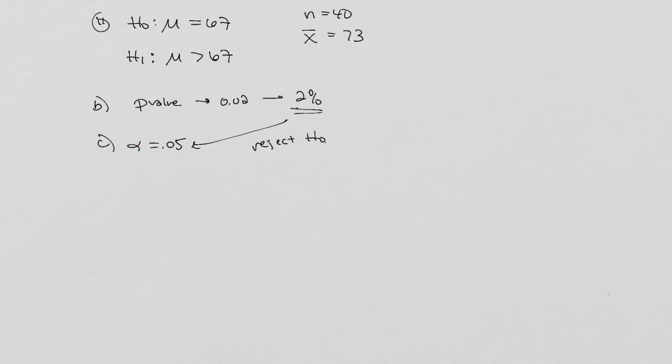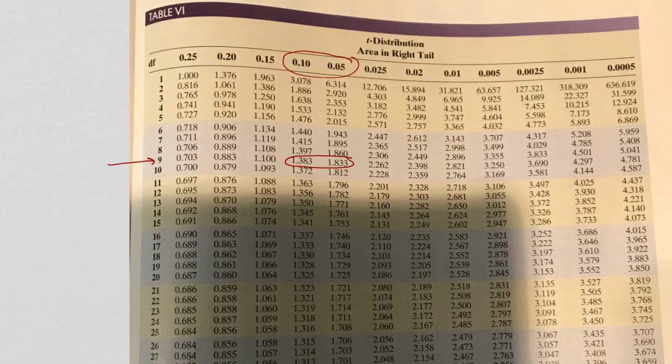So if we look that up on our chart, there is 0.025, whoops, just kidding, that's 0.25. 0.025 is right here. So if we go down to 9 degrees of freedom, there's the t-score that we need, 2.262.